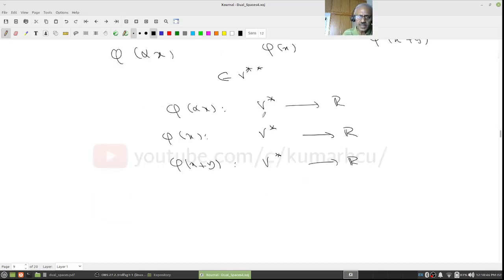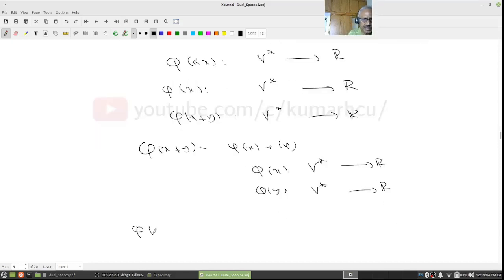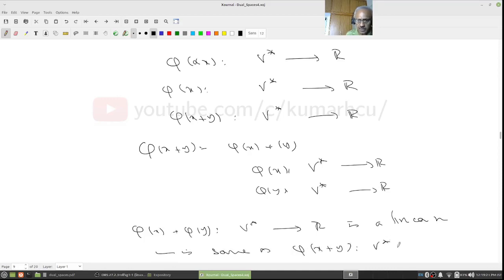So when I want to say phi of x plus y is phi of x plus phi of y, what does it mean? See, phi of x is a linear map from V star to R. Phi of y is a linear map from V star to R. Therefore I have a meaning of phi x plus phi y. I know this is a linear map from V star to R. Then what do you want to say? This linear map is the same as the linear map phi of x plus y from V star to R.